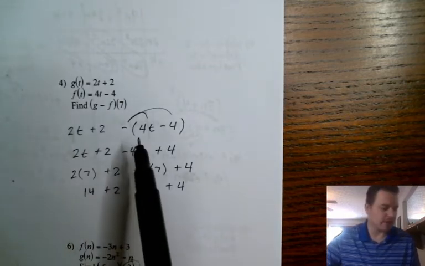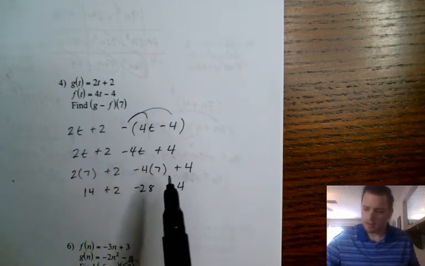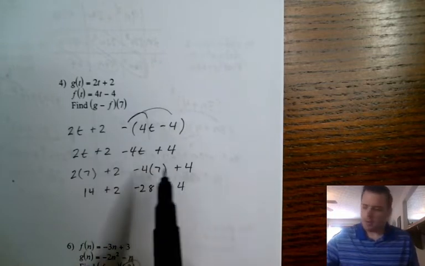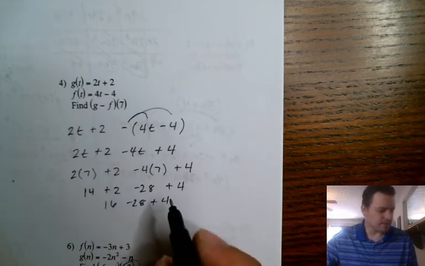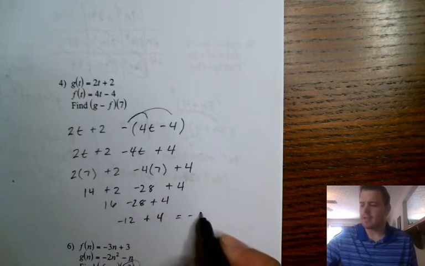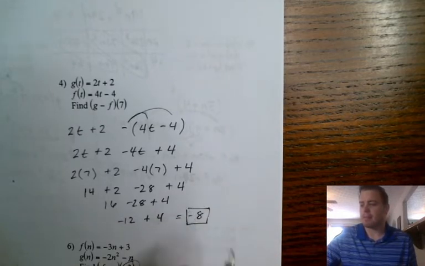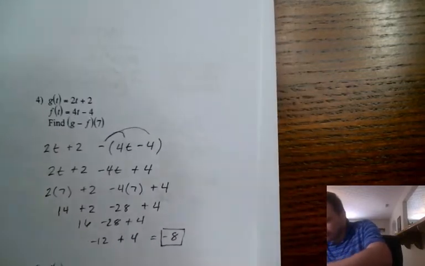Yeah, that'll catch you up right there. No worries, though. It's all right. Then we got 16 minus 28 plus 4. 16 minus 28 is negative 12. Negative 12 plus 4 would be negative 8. I'm just checking, make sure it's right. Negative 8, yeah, cool.